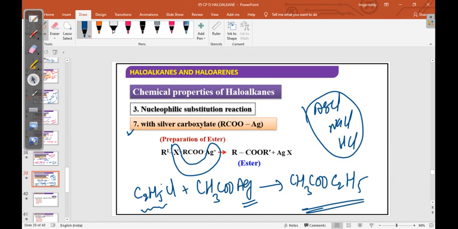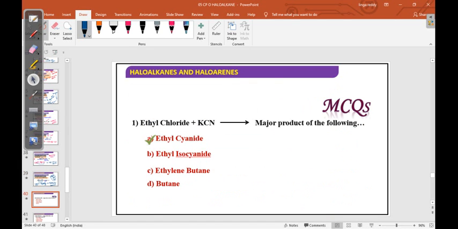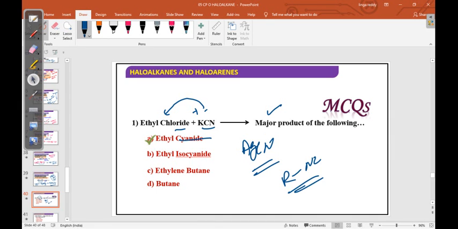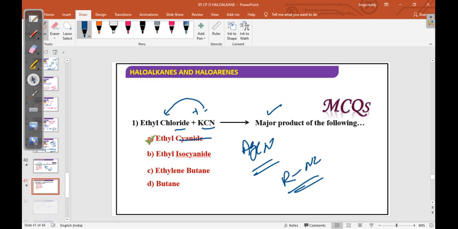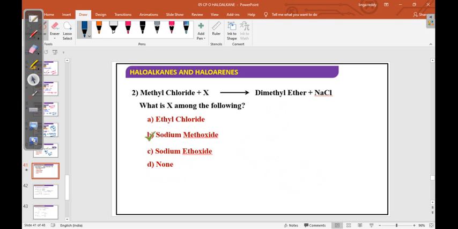Next, ethyl chloride with KCN. What is the product? In KCN, K plus CN minus, carbon is attacking, so cyanide is forming. In the case of AgCN, isocyanide is forming. Next, methyl chloride plus something gives dimethyl ether, obviously Williamson synthesis.